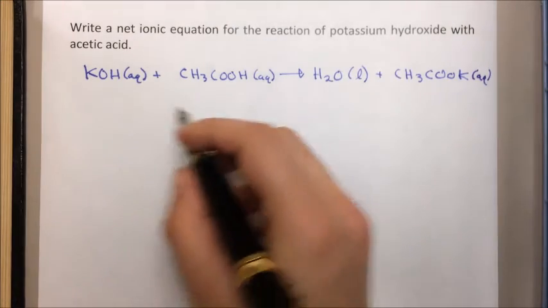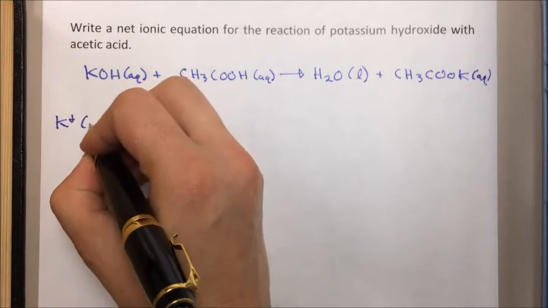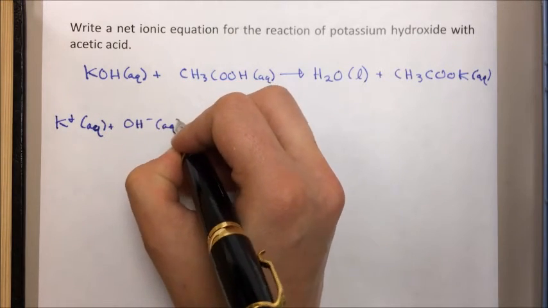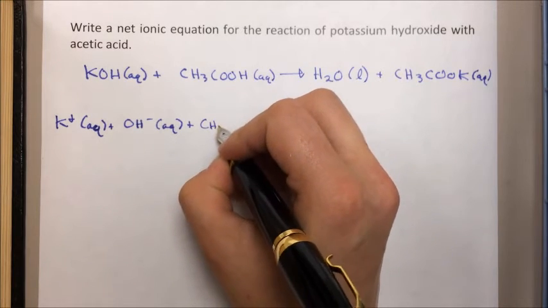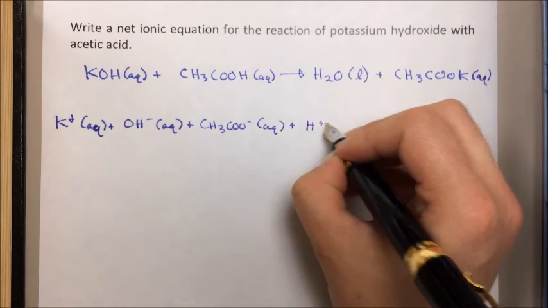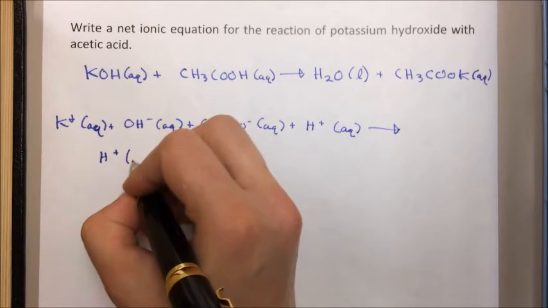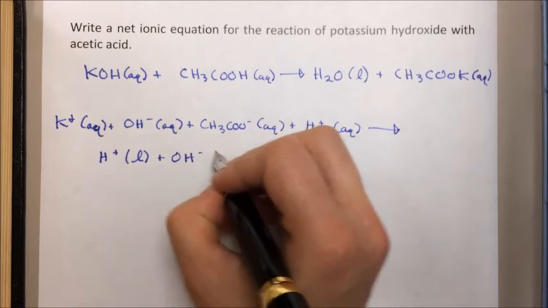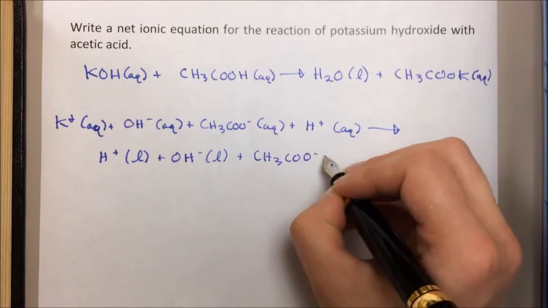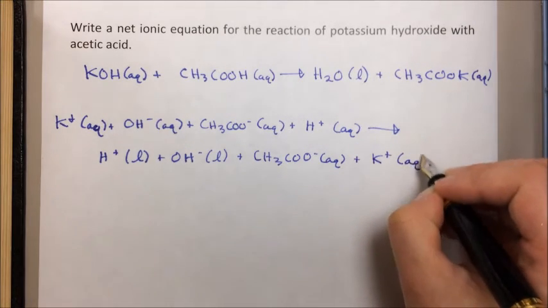Our second step is we want to break this up into the component ions. So K+ aqueous plus OH- aqueous plus acetate aqueous plus H+ aqueous will go to H+ liquid plus OH- liquid plus acetate aqueous plus potassium aqueous.